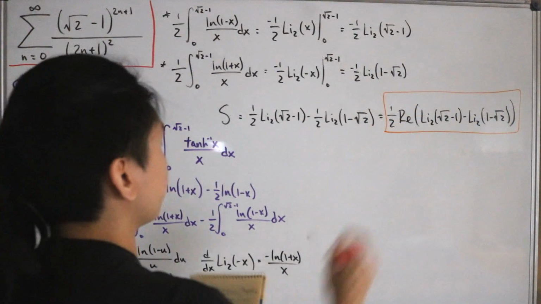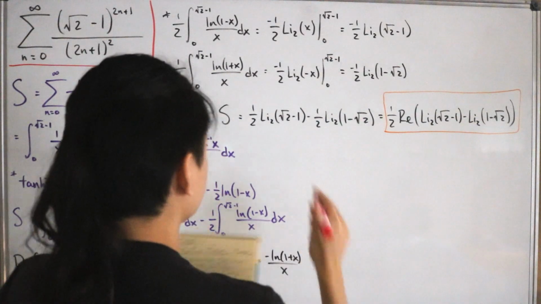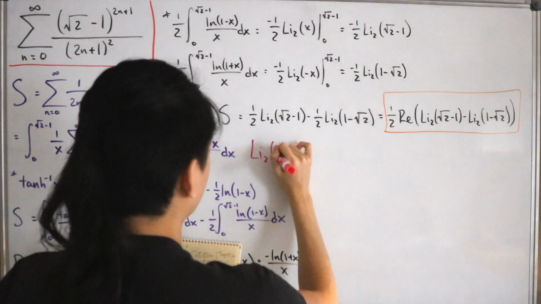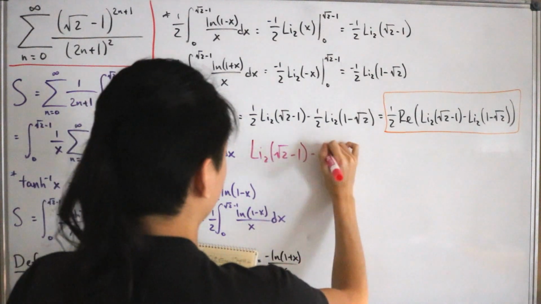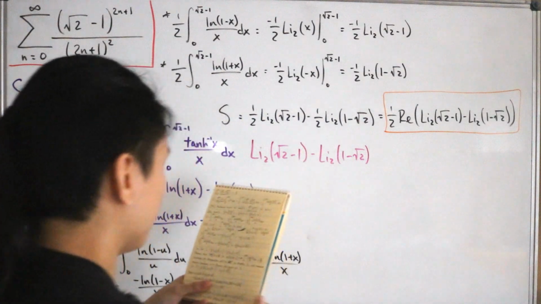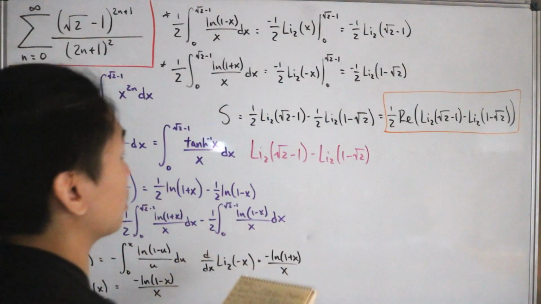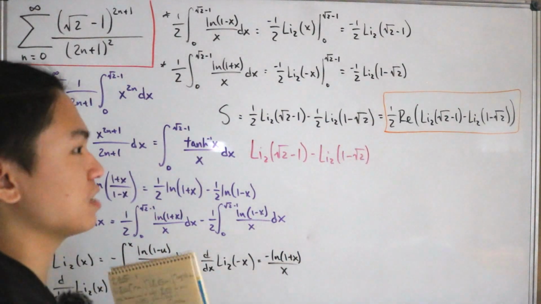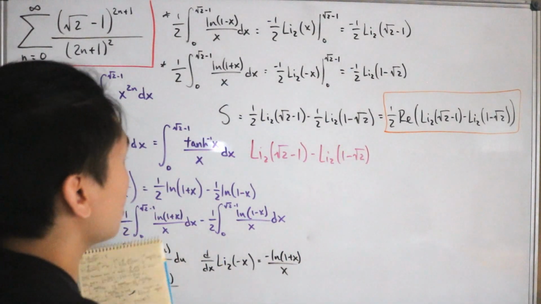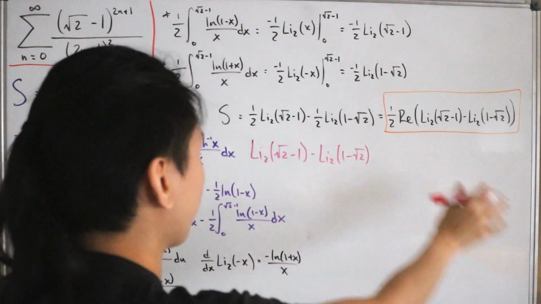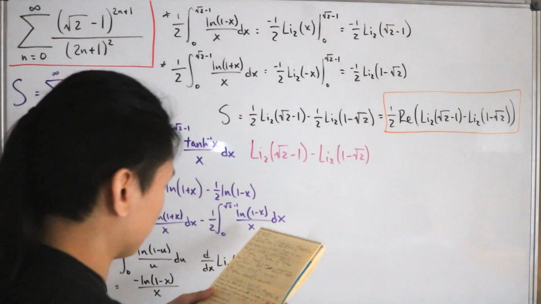Now here comes evaluating the inside of our real part. I'll say Li sub 2 is still the dilogarithm of the square root of 2 minus 1, then minus the dilogarithm at 1 minus the square root of 2. You can rewrite this in something a little more creative. What you're going to see upcoming seems a little pointless and doesn't make sense, but again, the dilogarithm identities will come in handy with everything in the combination of sums and differences.